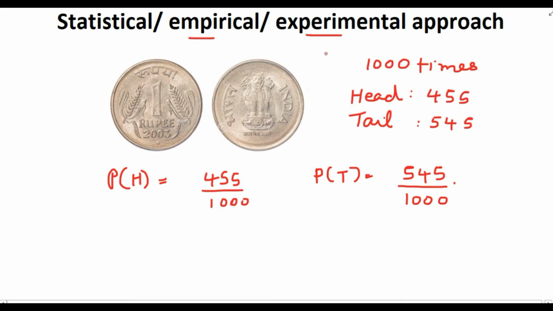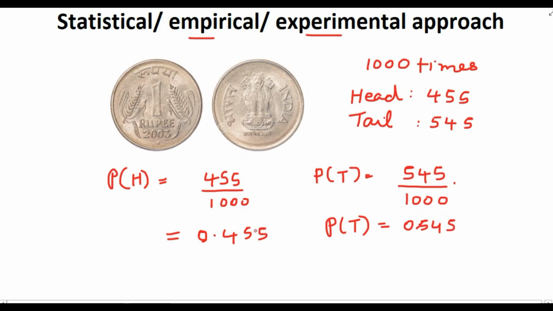These are based on the result of an actual experiment and adequate recording of the happenings of events. If I tossed a coin some 5000 times, I may not get the same result. Here the probability of getting the head is 0.455 and the probability of getting the tail is 0.545.